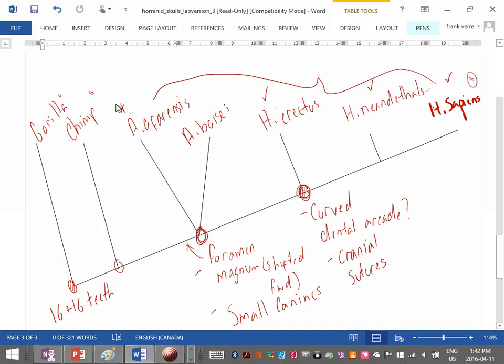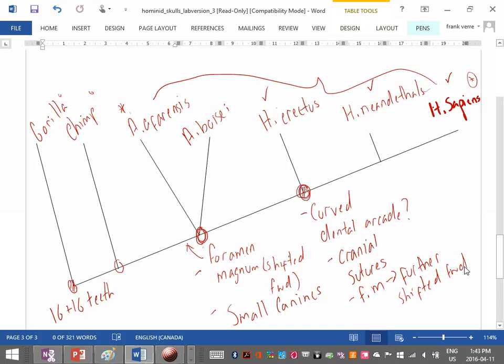Because you could have said it's in the back, in the middle, or somewhere in between. So did you notice that it was shifted even more? You should have probably seen that. The foramen magnum, which I'm going to just label FM, is further shifted. Further shifted forward. No problem.